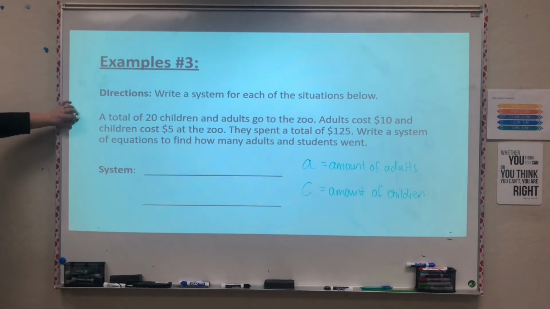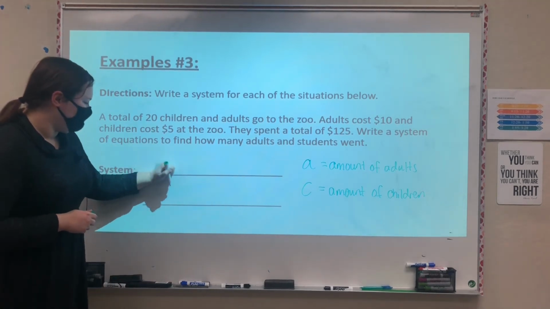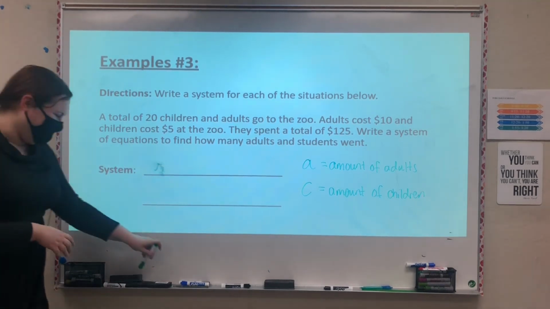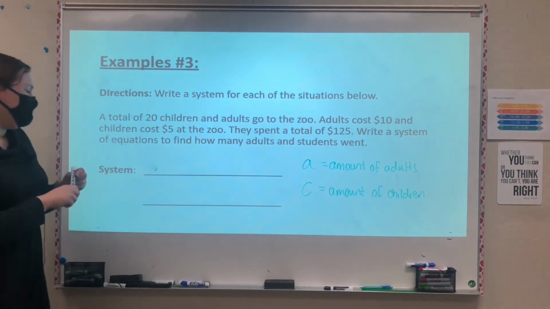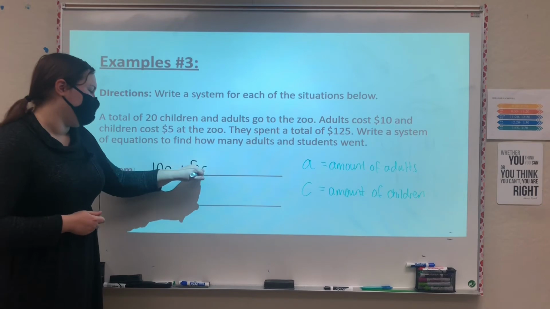So the first sentence tells us a total of 20 children and adults go to the zoo. How can we use that information? Well, you have to have two equations. One of the equations could be 10A plus 5C equals 125.